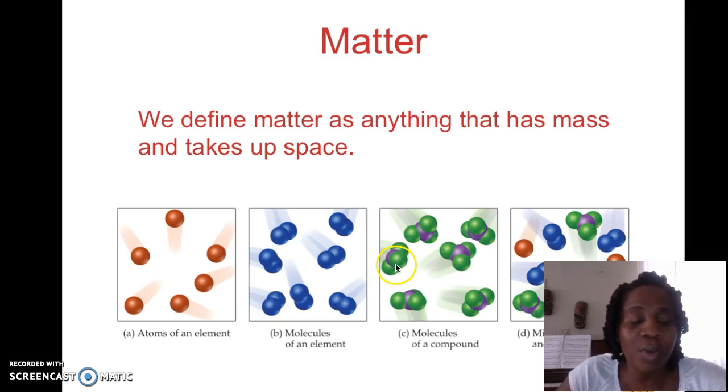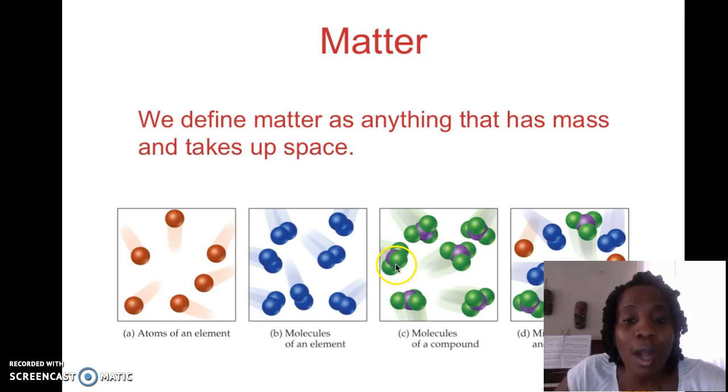In the first case, you have an element. You would show a particulate diagram with all the atoms being exactly the same. Then if you wanted to represent, say, a diatomic element, you would show, again, all identical atoms but paired up 2 by 2 to represent that they exist as molecules.